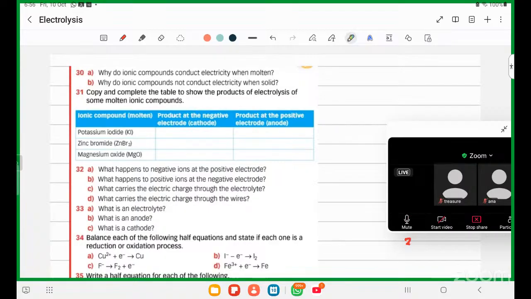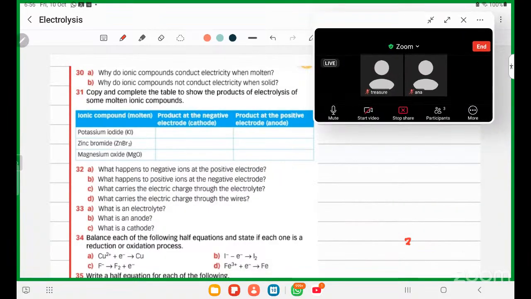Has anyone submitted? I'm about to submit now. Okay, please do. Our time is fast spent, so you should be able to. Has anyone submitted? I'm about to submit now.